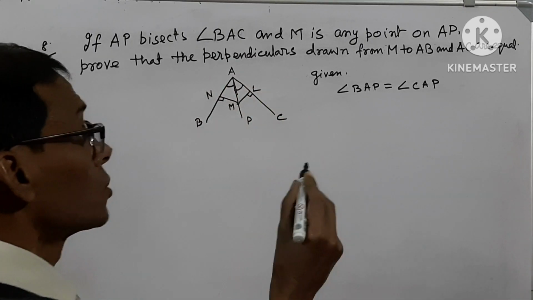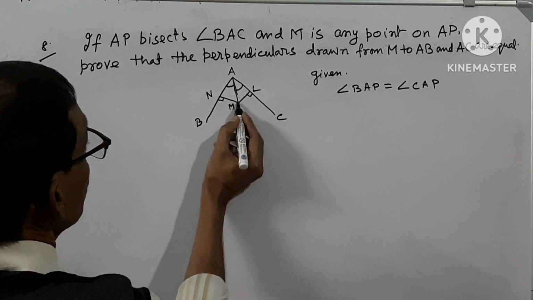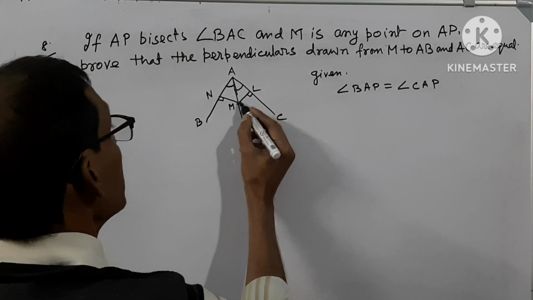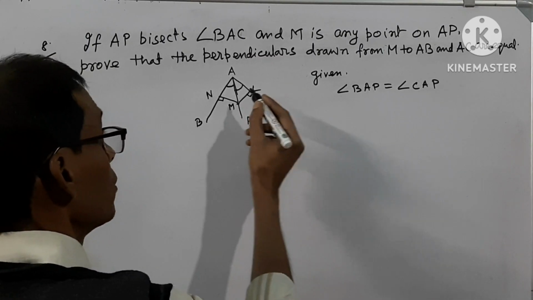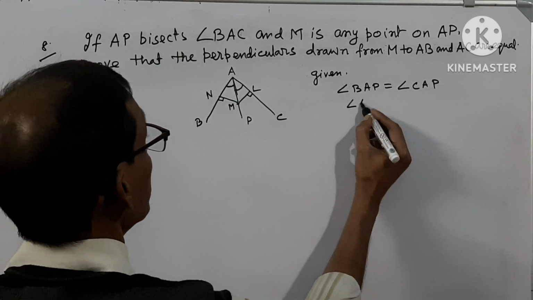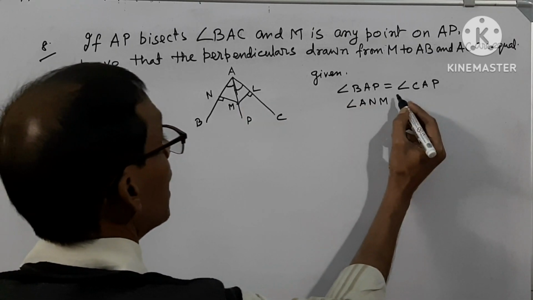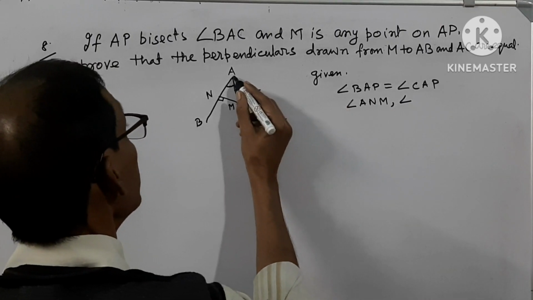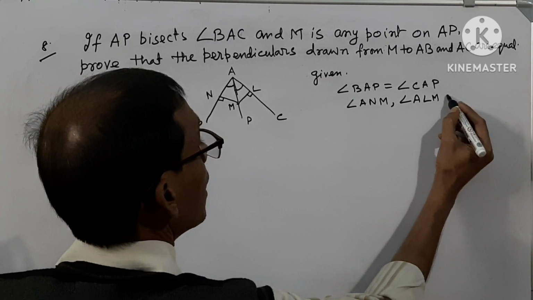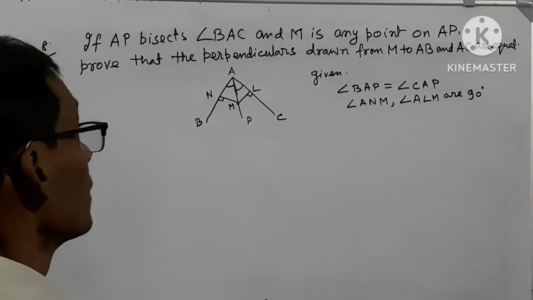Prove that the perpendiculars drawn are equal. That means MN and ML are perpendiculars on AB and AC. So angle ANM, this angle, and angle ALM are 90 degrees because they are perpendicular.